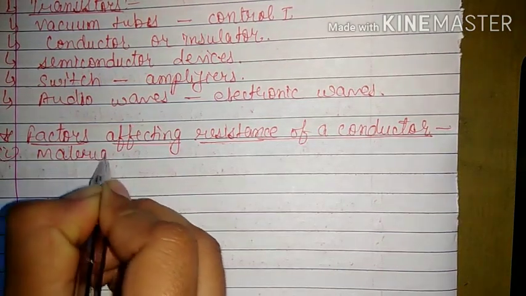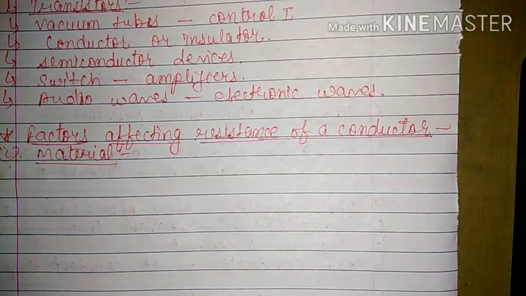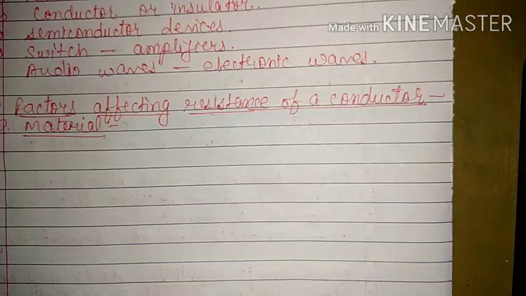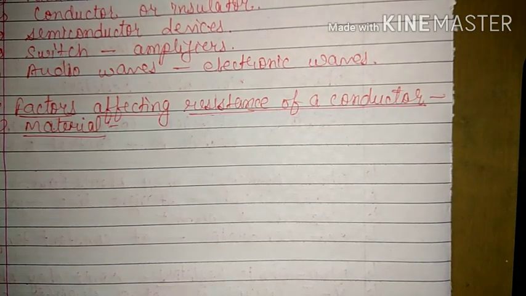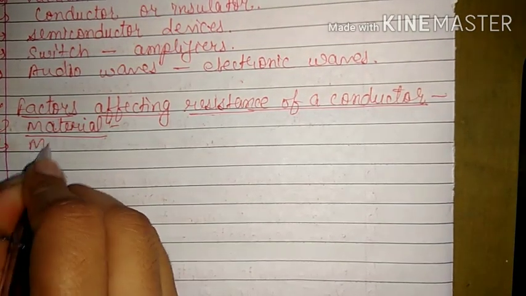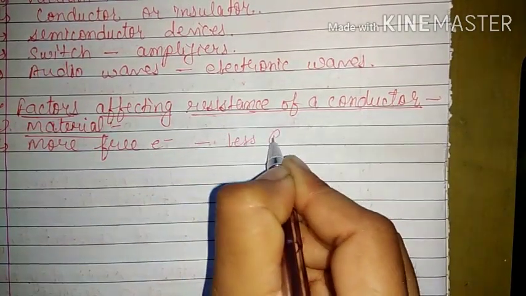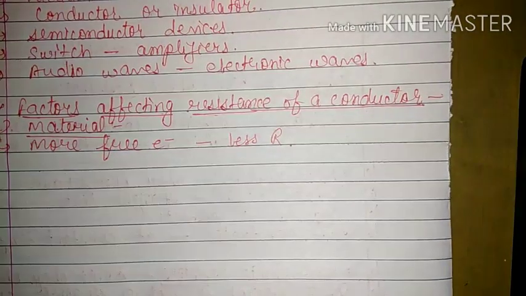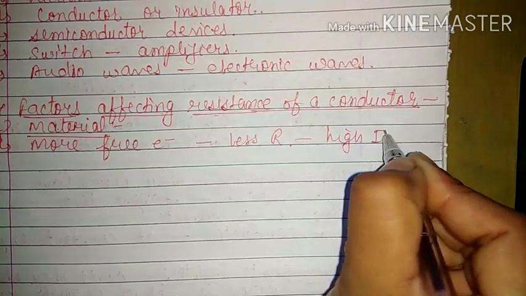We have already discussed that different materials have different concentration of free electrons, and obviously those materials which have more free electrons will have less resistance, because they will have a high amount of current.